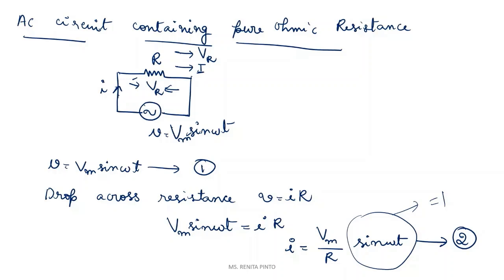So the current will be maximum when sine omega t equals 1. I can write that maximum current as Im. So the maximum current Im is equal to Vm by R.